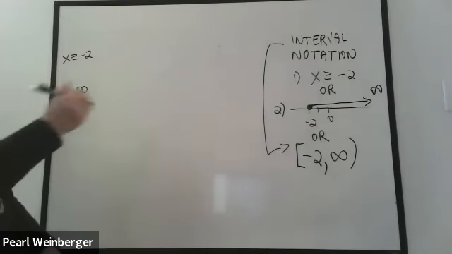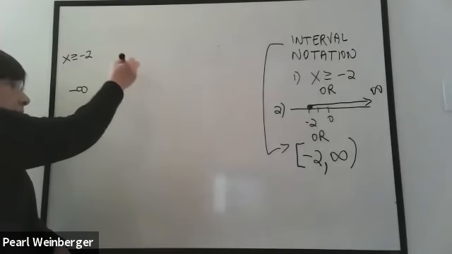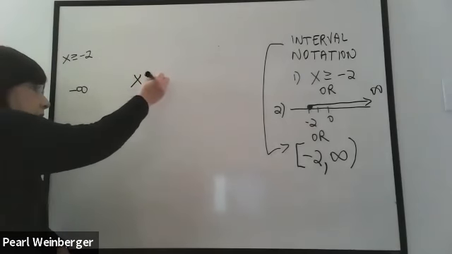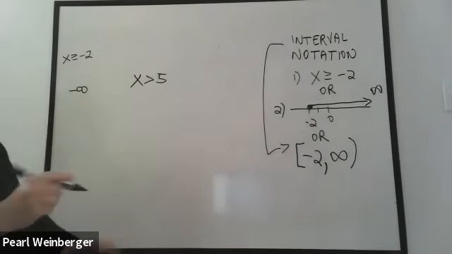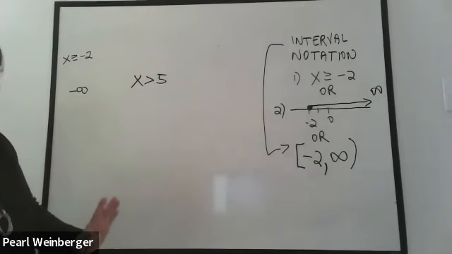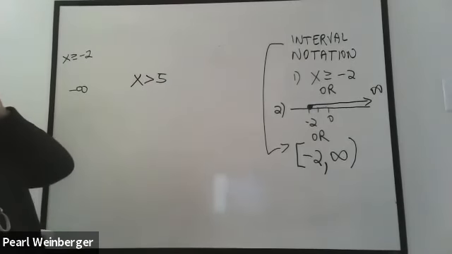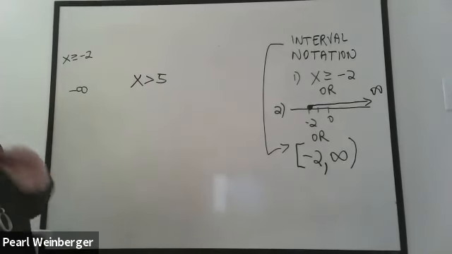Okay. So let's take an example like this. Suppose I have x is greater than 5. I'm giving you the inequality. Let's look at the number line and then let's look at the interval notation.